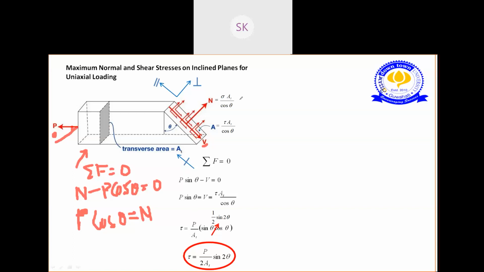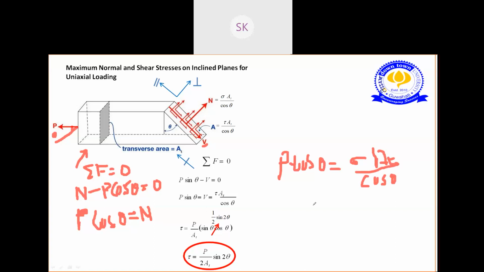You got N equals sigma AT by cos theta. Yes, sigma AT by cos theta. So you can write here P cos theta equals sigma AT by cos theta.